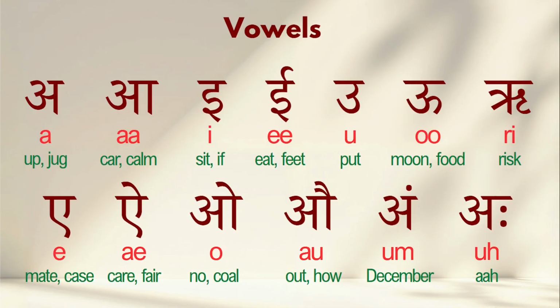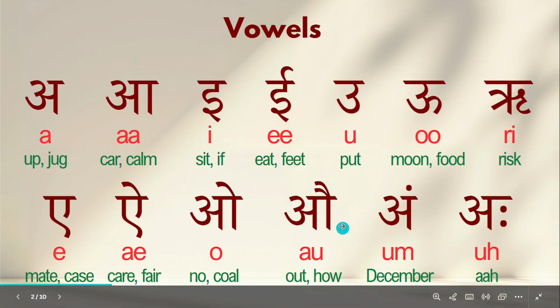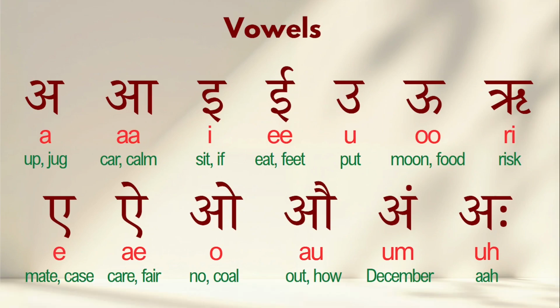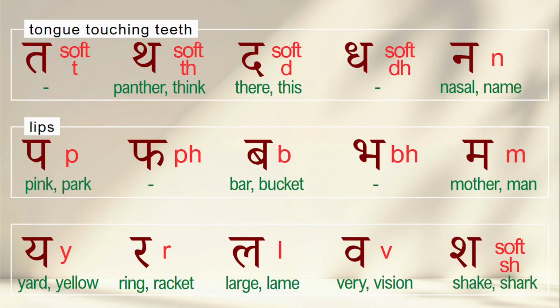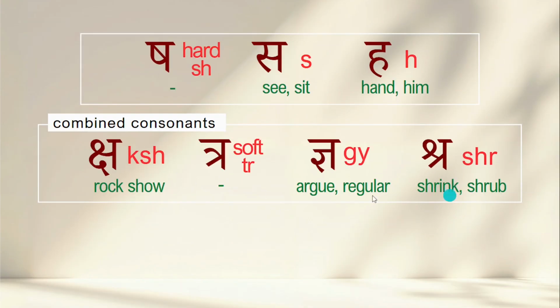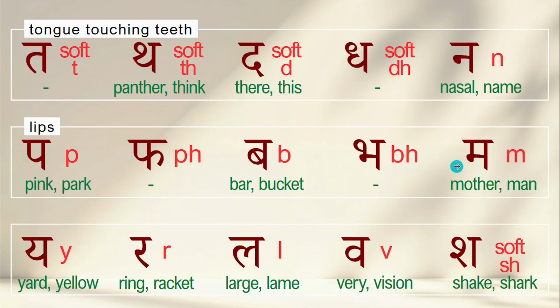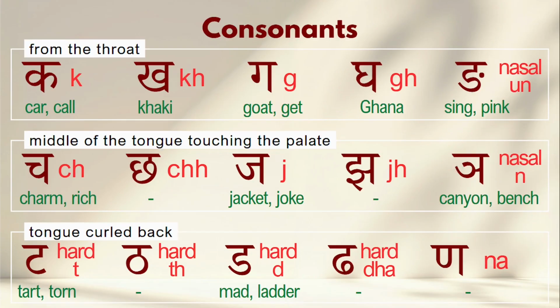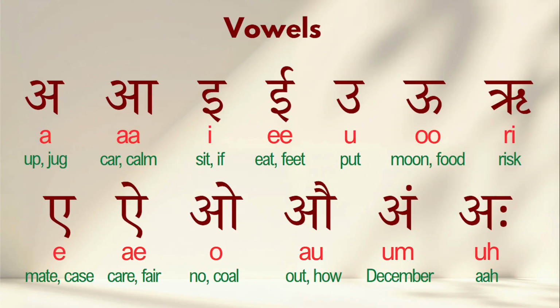So these are the 11 plus 2. And after that, we have 33 consonants and 4 combined consonants. These are the consonants, and these last ones are the combined ones. There are a few more sounds, but we can keep that for later on. So let's begin with these.